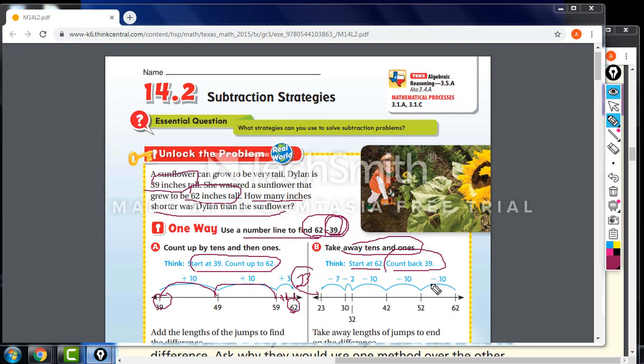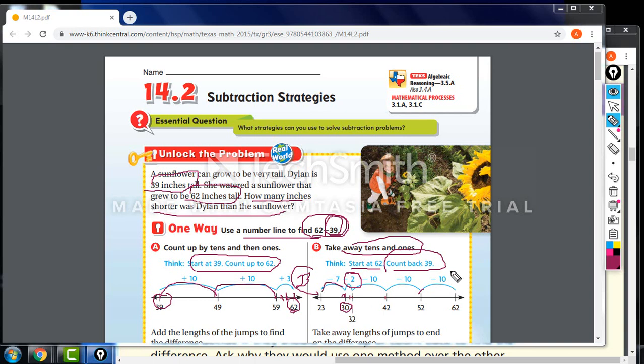So 62, 10 less is 52, another 10 is 42, another 10 is 32. But we need to get to the tens place here. So we go 1, 2, and that's 2 steps. Then to get to 23, it's 7 steps.